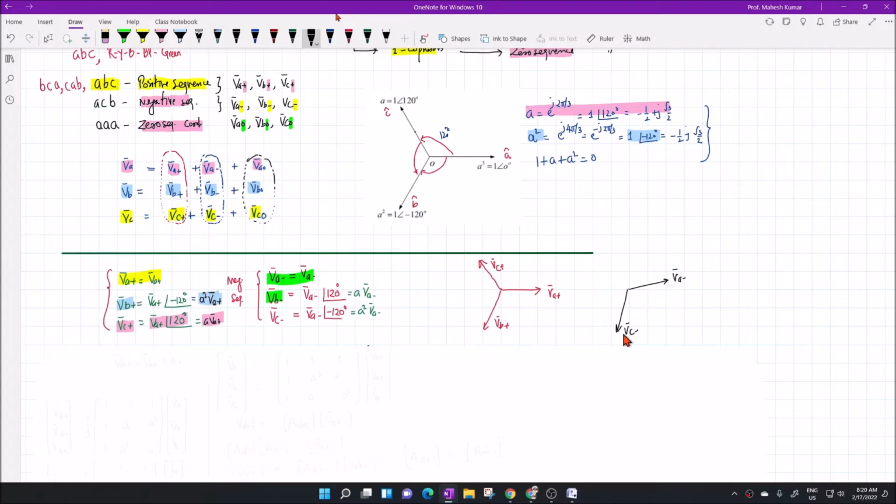This time C will be lagging A by 120 degrees. And this will be here. This will be VB minus. So the sequence has changed. This is negative sequence.